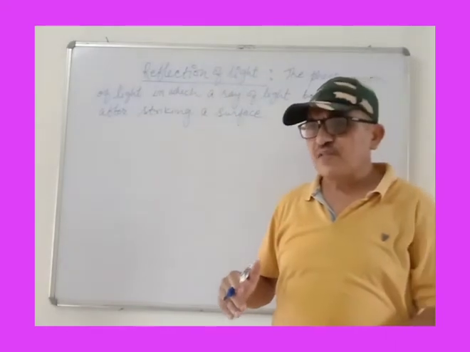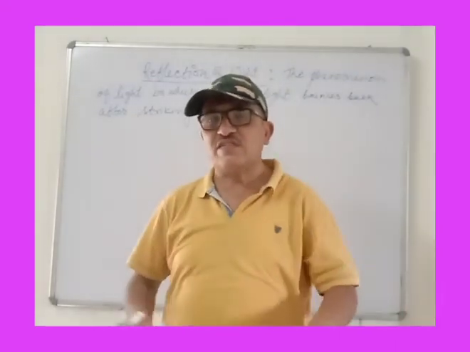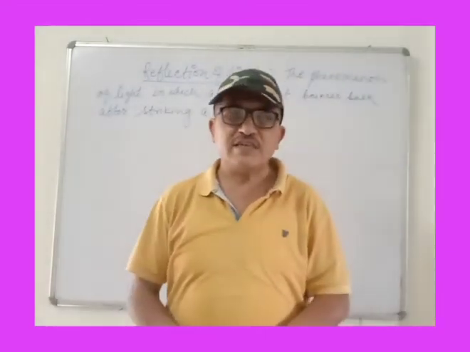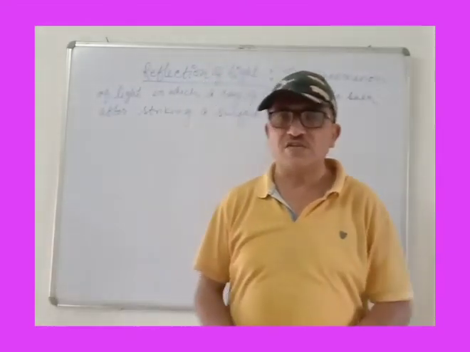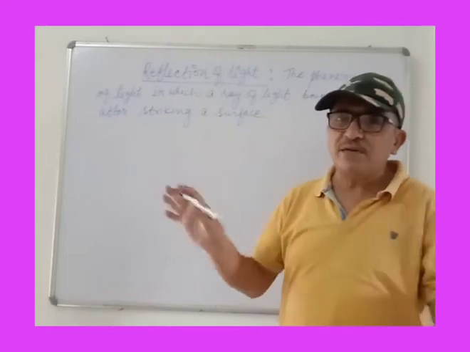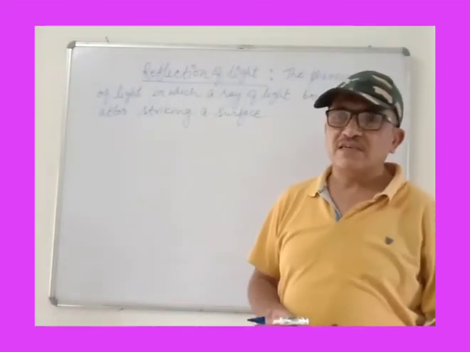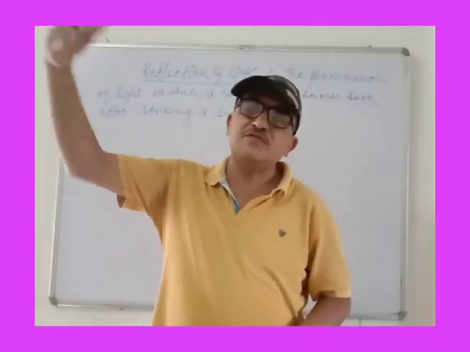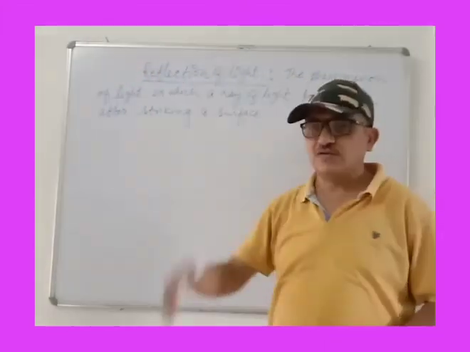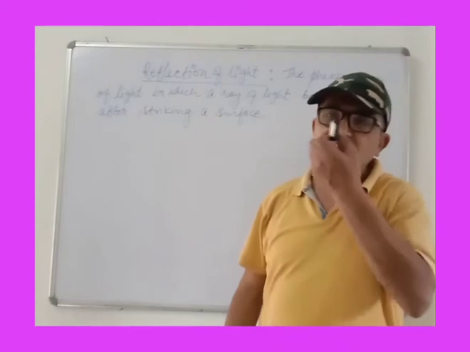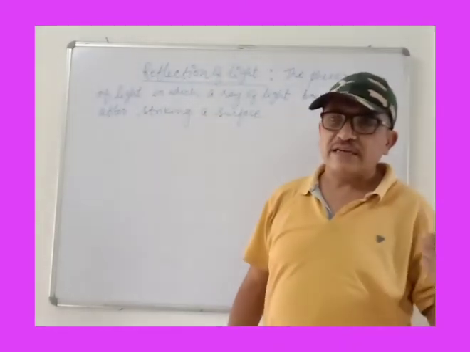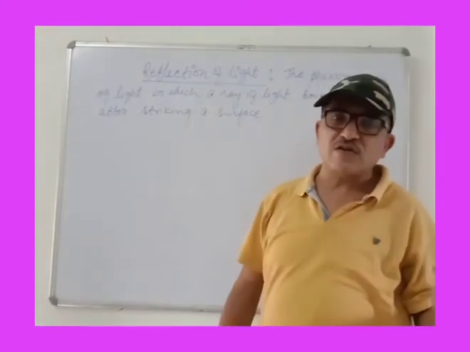Okay, but sometimes the glasses are so designed that only in one direction you can see. That is a different thing, that is a different technology. But if you take a simple plain sheet of glass, you can see the glass itself, and you can see the things which are outside the glass on the other side. What is this? It means the light is getting reflected. Okay, and light is passing the glass also.